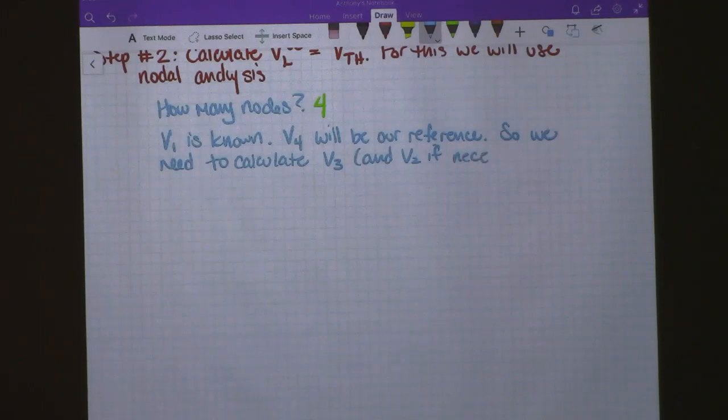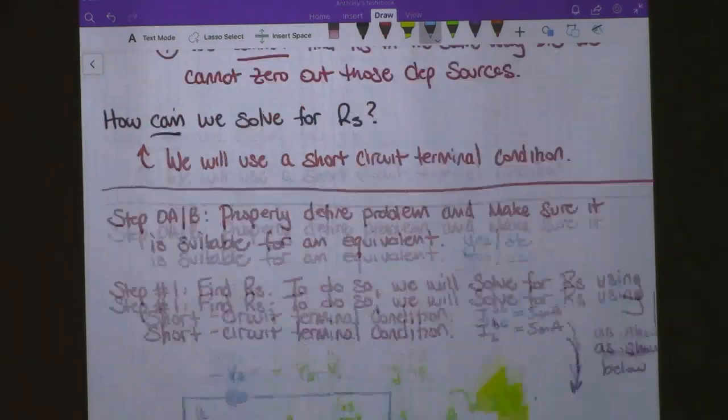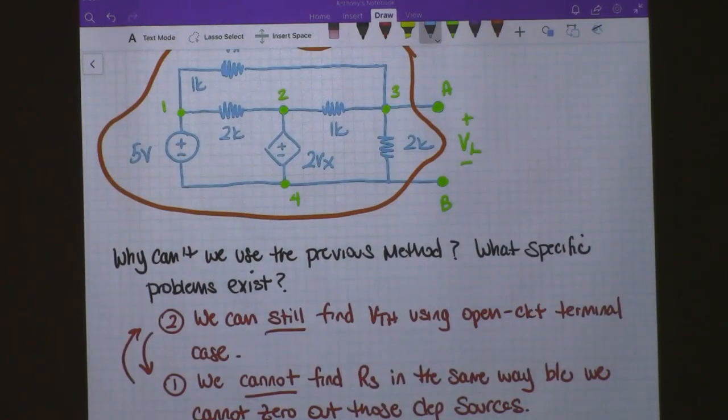We're only concerned with the open circuit output or load voltage. So we don't really need to come up with V2 if we don't need it. I assume that we'll probably need to because we won't be able to get V3 without it, but we could do it without it.